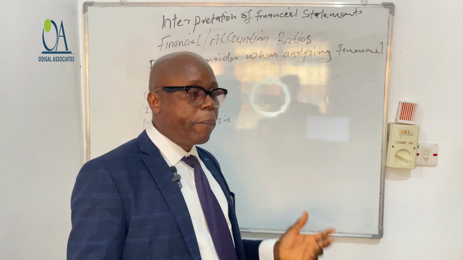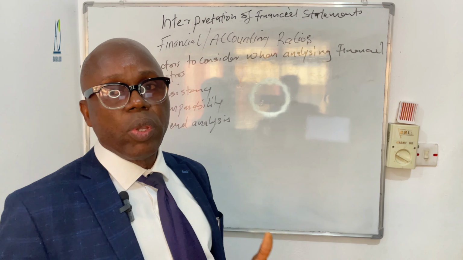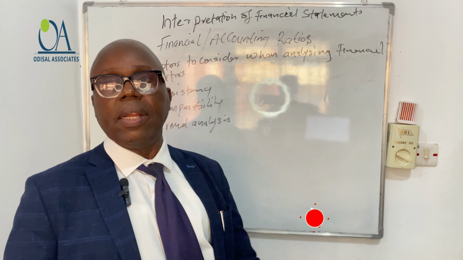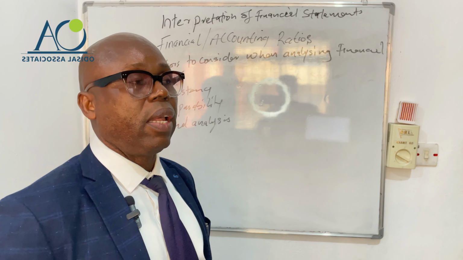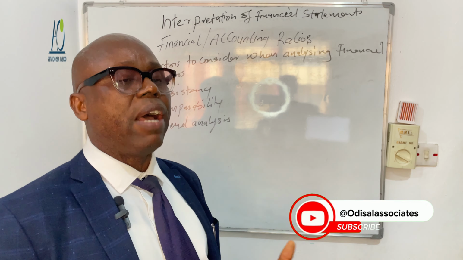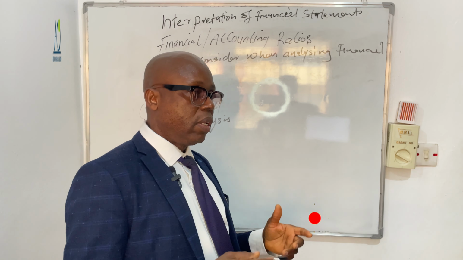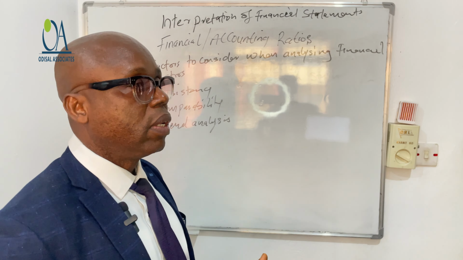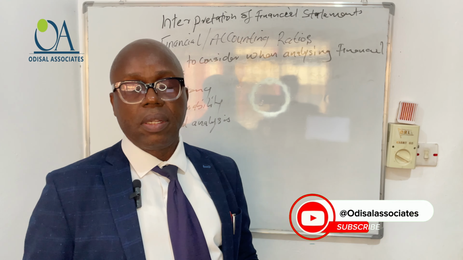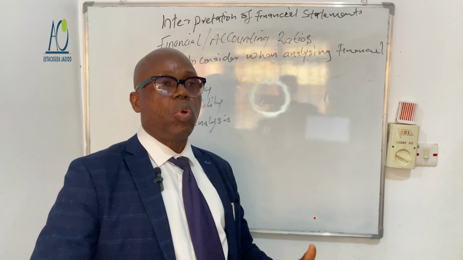Ratios are used to compare between companies in the same industry and outside industries. We look at industry average, competitors' ratios, and benchmarks for us to be able to compare.